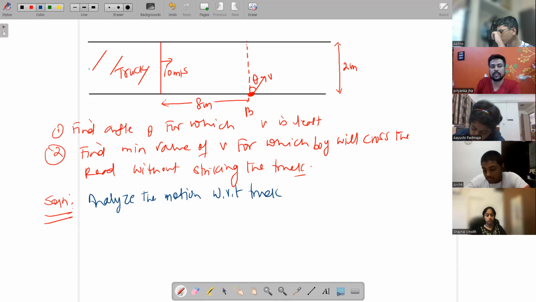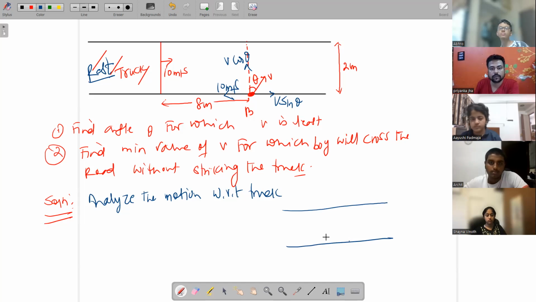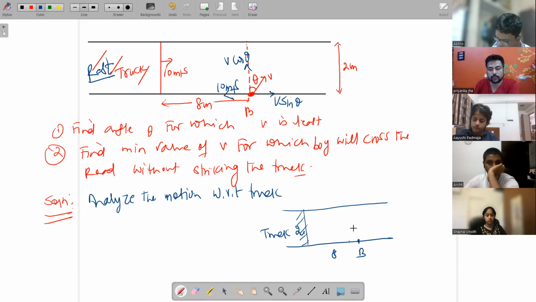Now this truck will come to rest and the speed of the truck will be added vectorially to the speed of the boy. So the boy has two components, V sin theta and V cos theta. And this 10 meters per second in the opposite direction will be here. So the net velocity will be, this is the truck and this is the boy, the 8, and this length is 2.